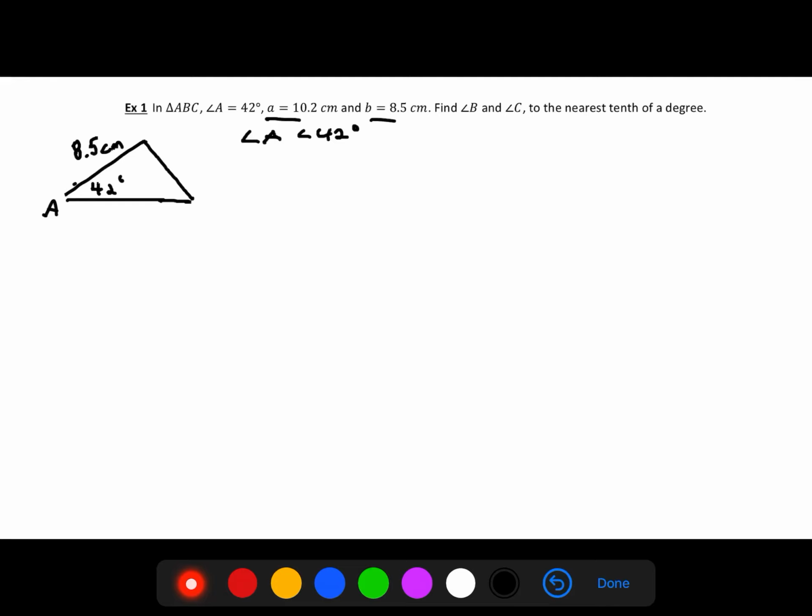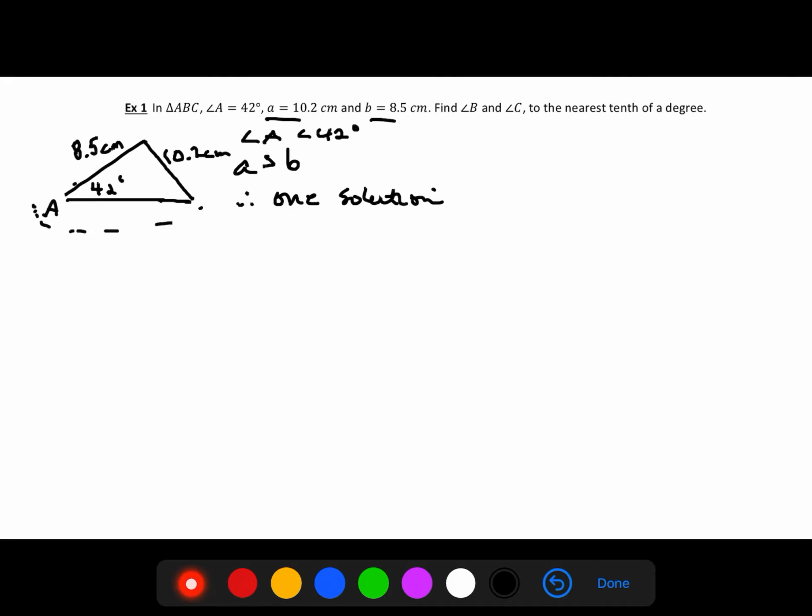In this case, first of all we look at angle A. Angle A is 42 degrees, less than 90. Now comparing the size of our sides, A is longer than B, meaning that there is going to be one solution.